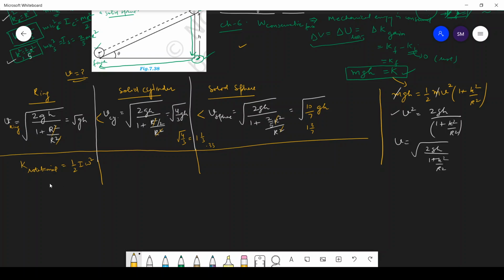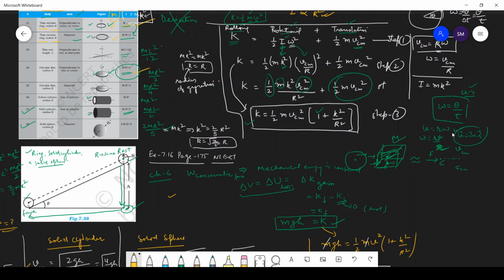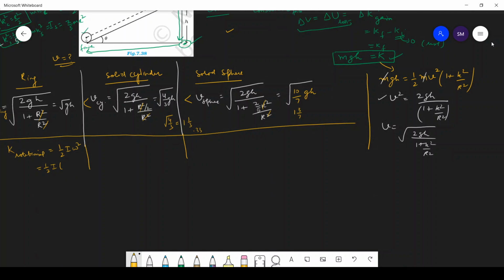We know that V is equal to omega R, and omega is equal to V by R. So put omega equals V by R, so that's V square by R square.